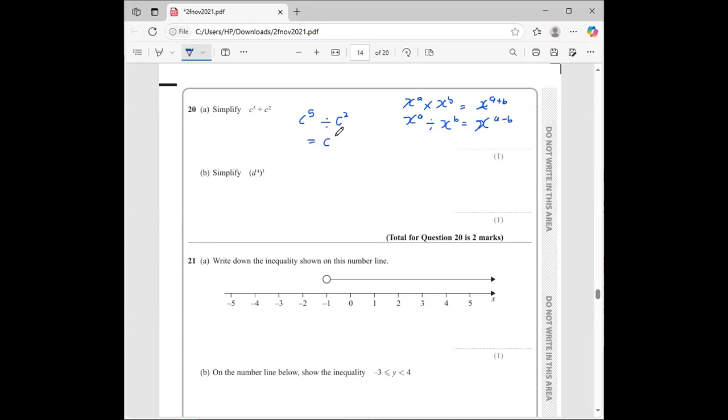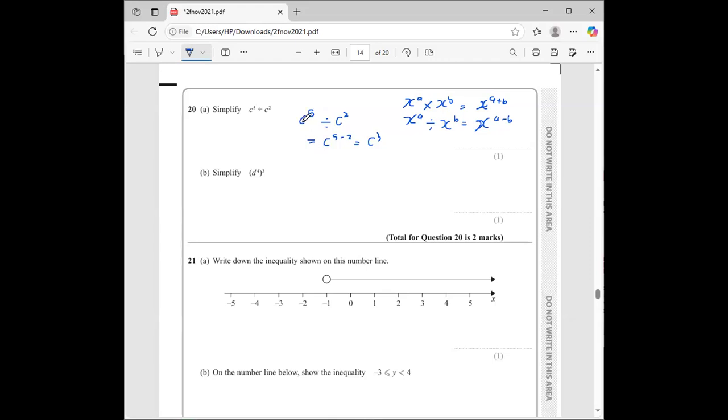C3. Yep, C3. Okay, so that's C raised to power 3. Now, I don't know if they will ask you for this kind of question to show your working. But if they ask you to show your working for any reason, then it's simple.